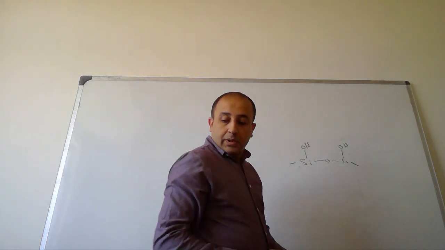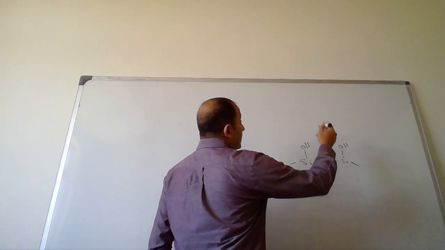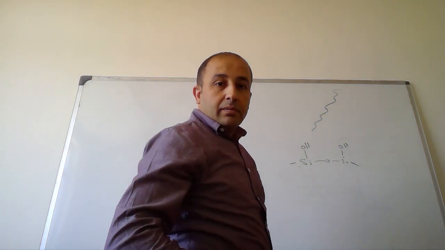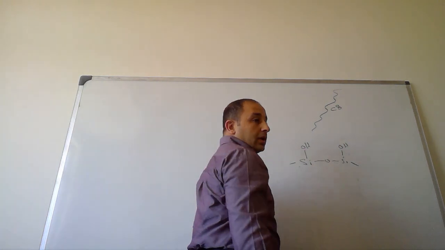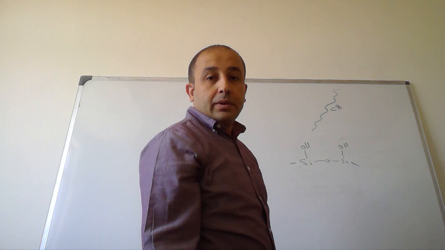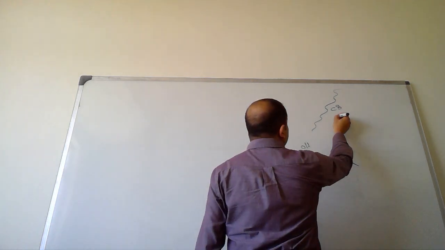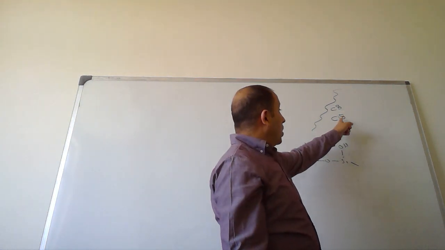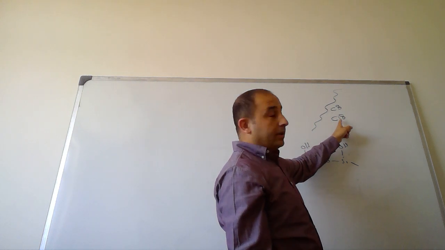They have several kinds of hydrocarbons. Now we have long hydrocarbons, like C8, which is a chain of 8 carbons. We call it octane. Or C18, octadecane: octa from 8, decane from 10.